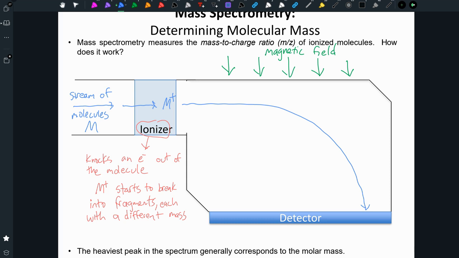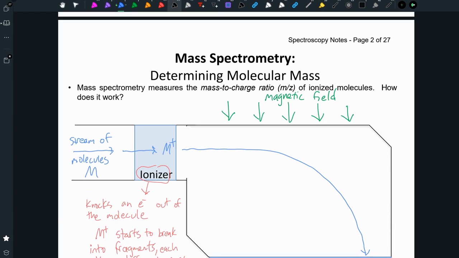And if you think back to physics, force equals mass times acceleration. The force on all these ions is going to be the same because these ions all have a +1 charge. But the heavier they are, the greater their mass. If F equals ma, then their acceleration is going to equal the force divided by the mass.